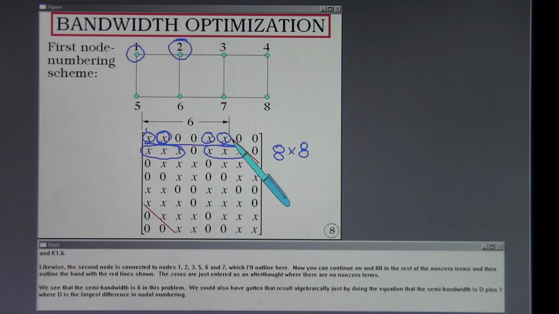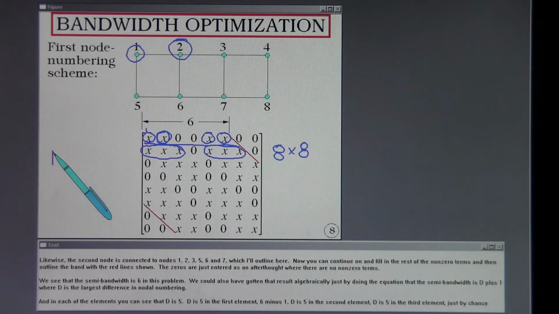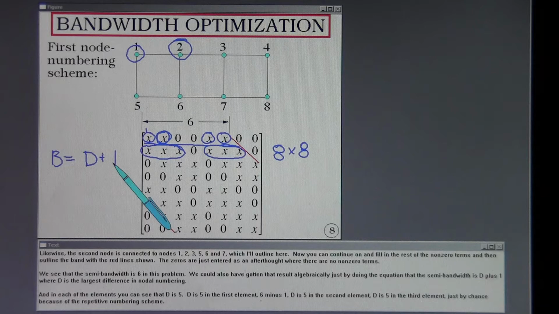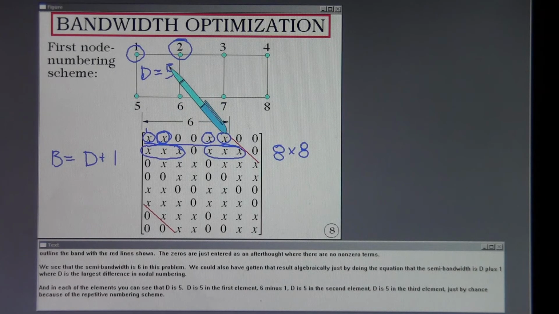We could also have gotten that result algebraically just by doing the equation that the semi-bandwidth is D plus 1, where D is the largest difference in nodal numbering. And in each of the elements you can see that D is 5. D is 5 in the first element, 6 minus 1.